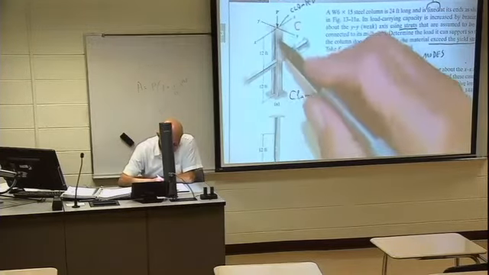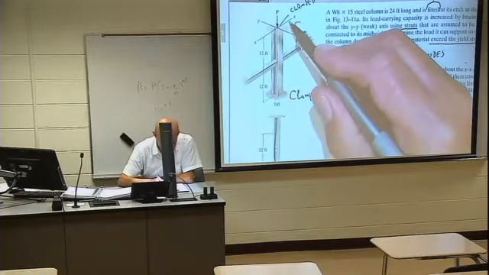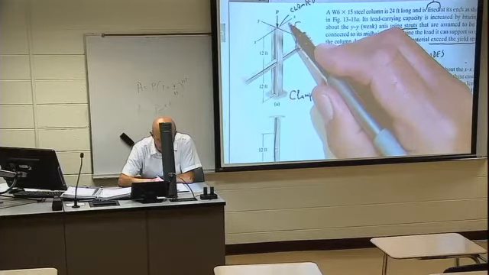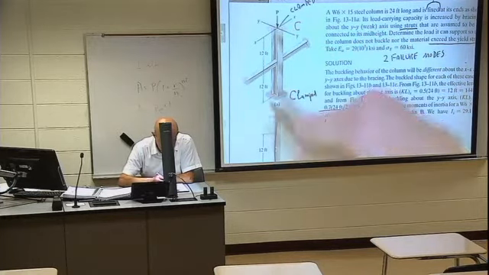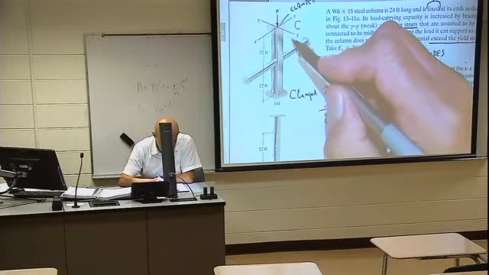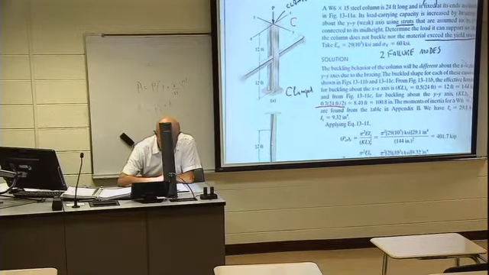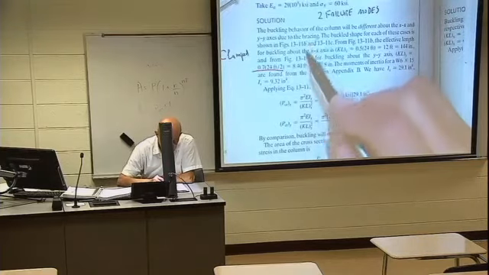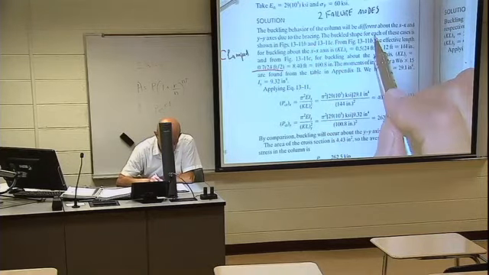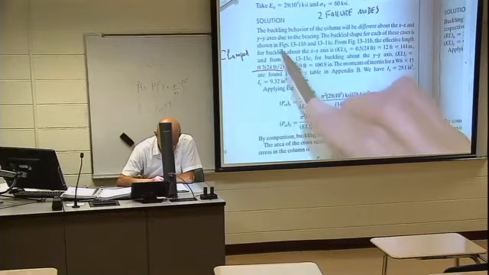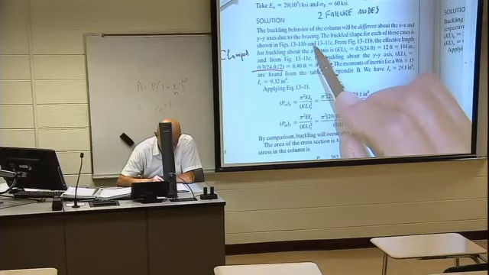So that is a picture. That is the x-axis. Okay? That is the y-axis. The buckling behavior of the column will be different about the x-axis and y-axis due to bracing.